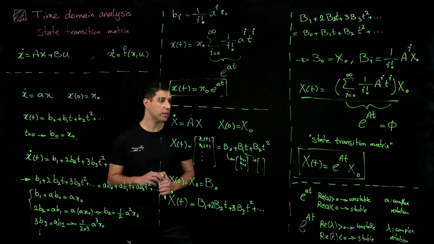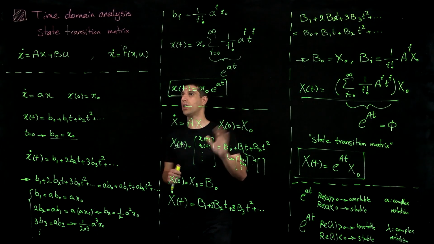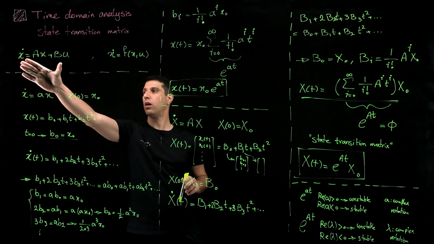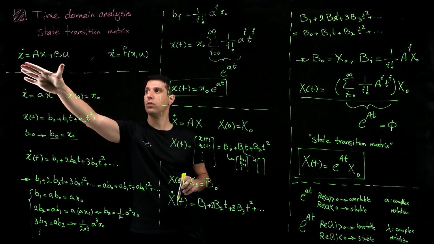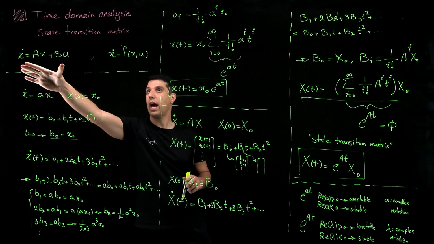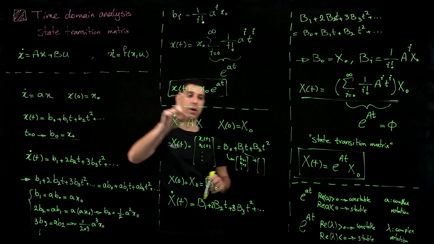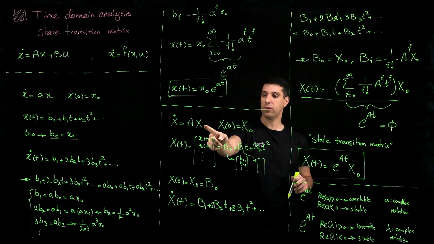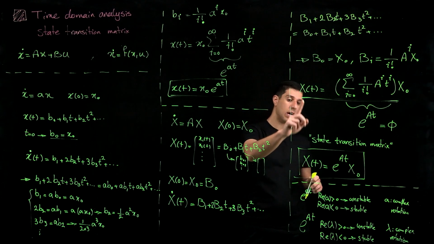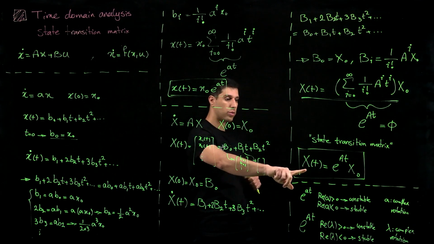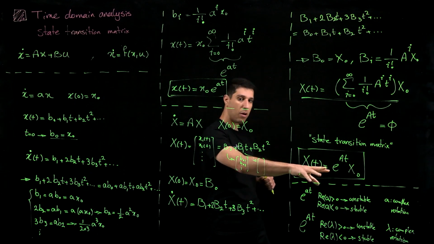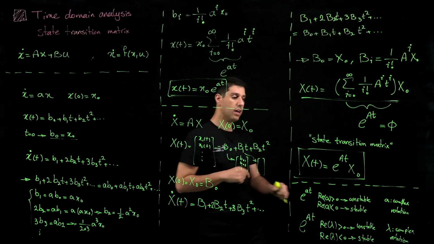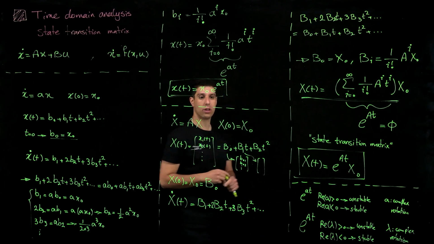So, okay, let me quickly recap what we have done. We have this matrix form of differential equation or system dynamics. We are looking at only the natural response, when the input is 0, and as it turns out, we can write the natural response as a matrix exponent e to the At multiplied by the initial condition.